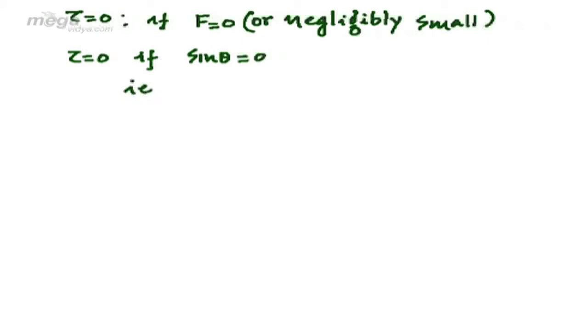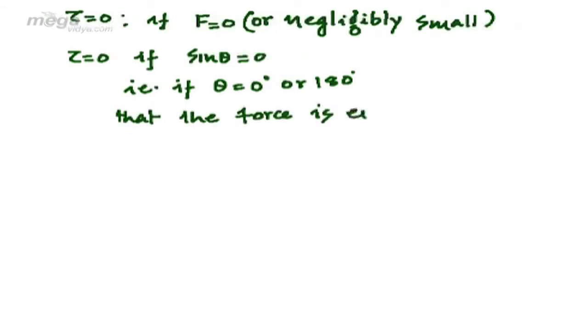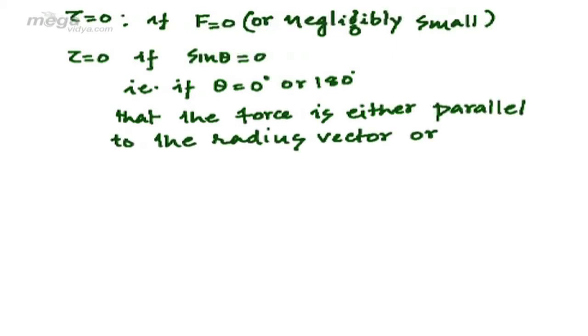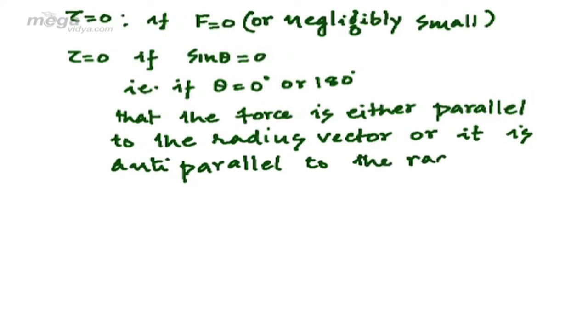That is, if theta is equal to either 0 degree or 180 degree, which means that the force is either parallel to the radius vector or it is anti-parallel to the radius vector.